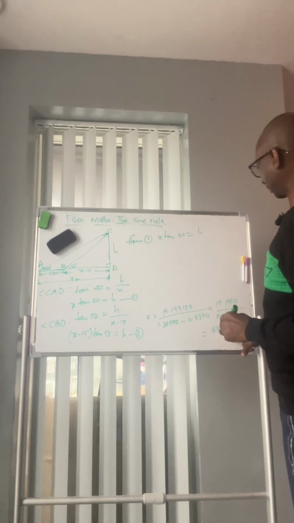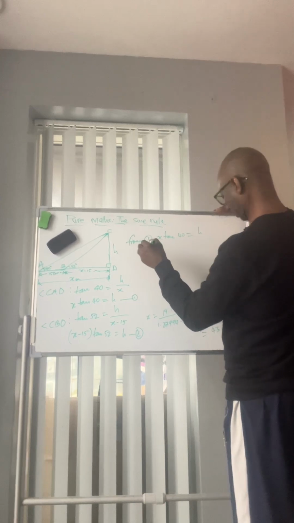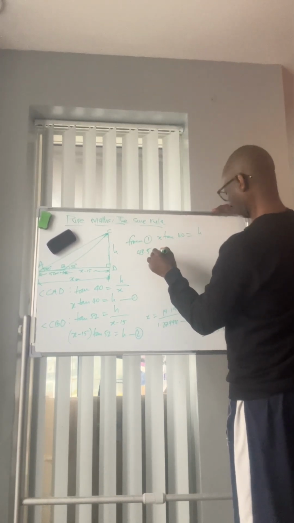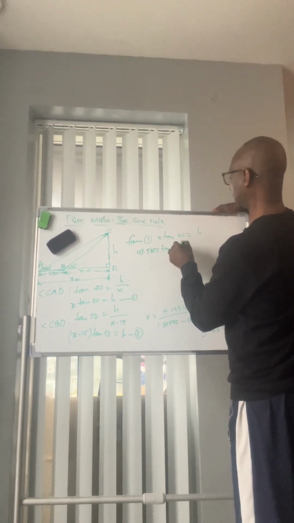We now know what x is: 43.5452. So 43.5452 times tan 40 equals h.